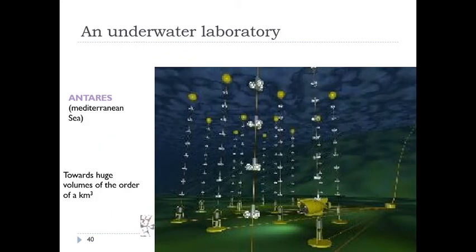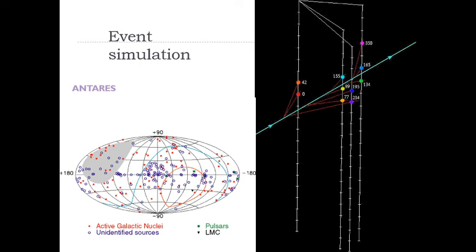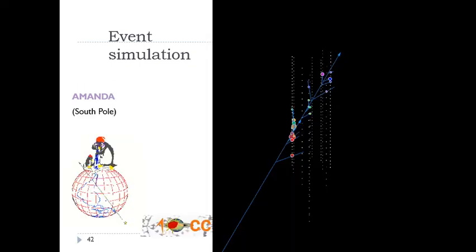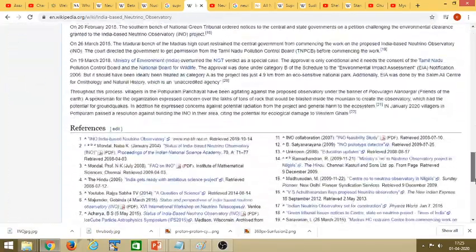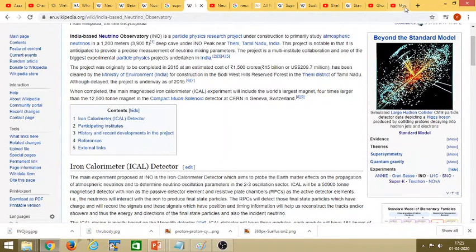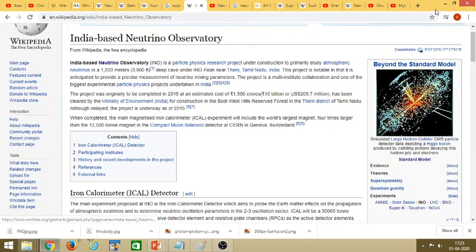And there are a number of other observatories, like an underwater one, and one at the South Pole. India is also coming up with a neutrino observatory, the Indian Neutrino Observatory, and the site is in Tamil Nadu.